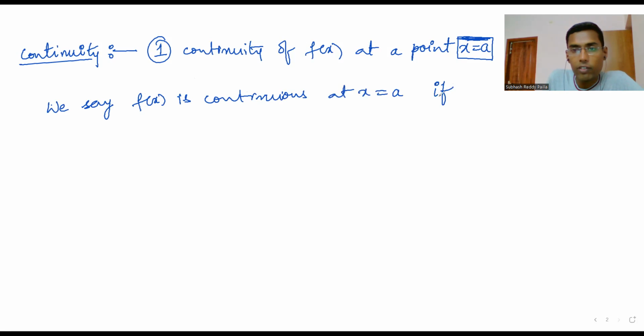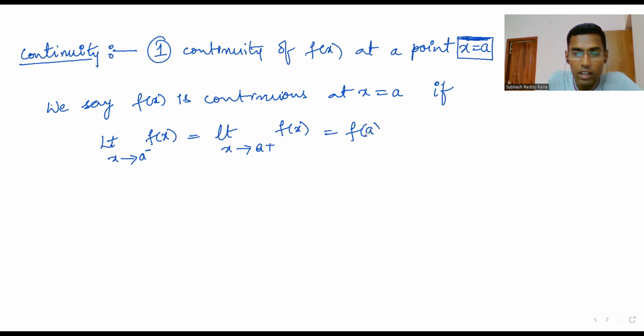Condition: if limit x tends to a of f of x, the left hand limit as x tends to a minus, equals the limit as x tends to a plus of f of x, which equals f of a. This is the condition.